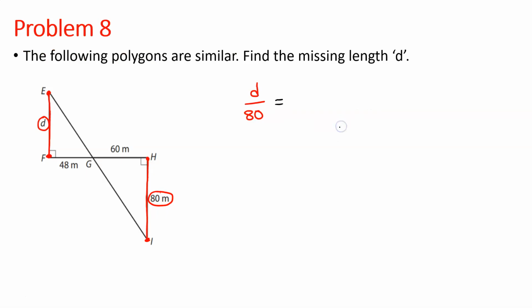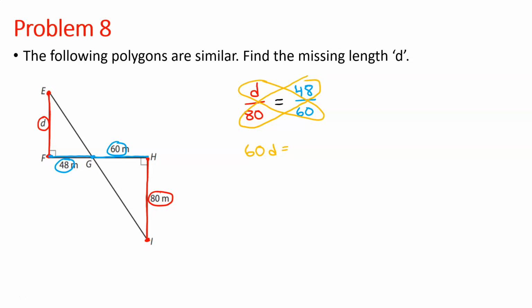F to G, which was 48, is corresponding to G to H, which is 60. All right, let's go through and cross multiply to solve this. There you go. D times 60 is just 60D is equal to, and when we cross multiply in this direction, 80 times 48.